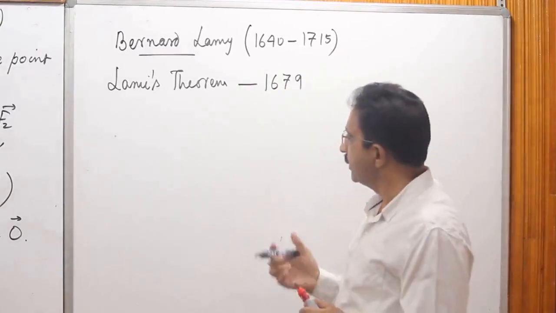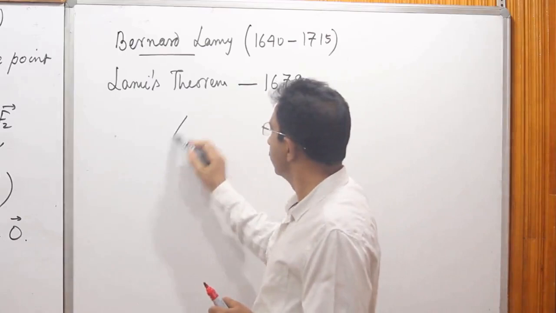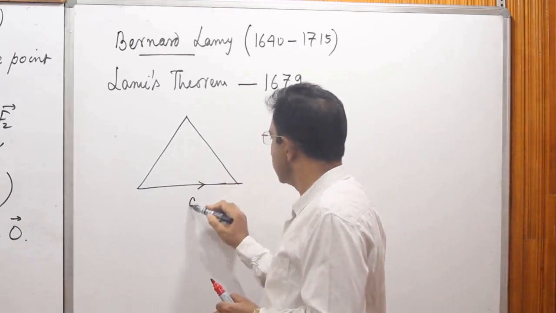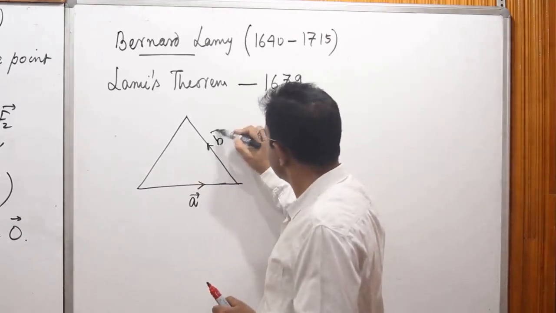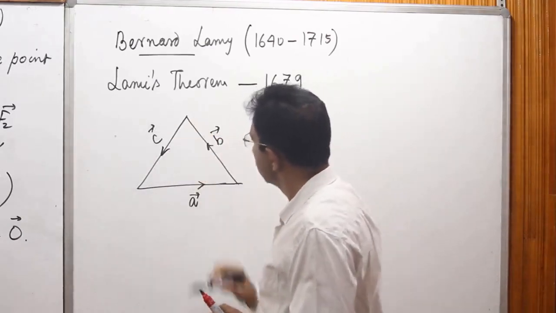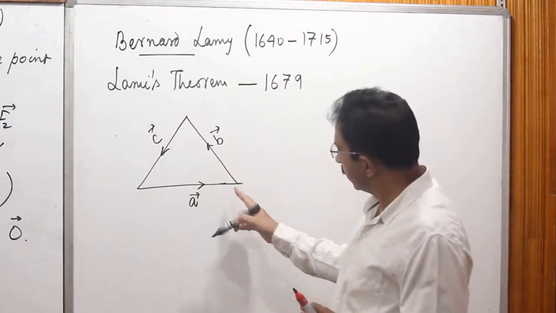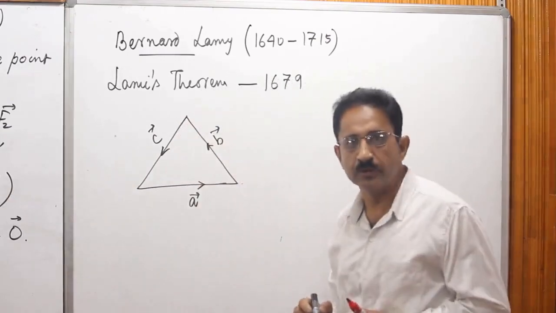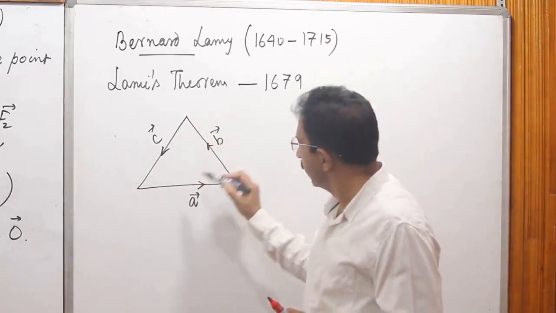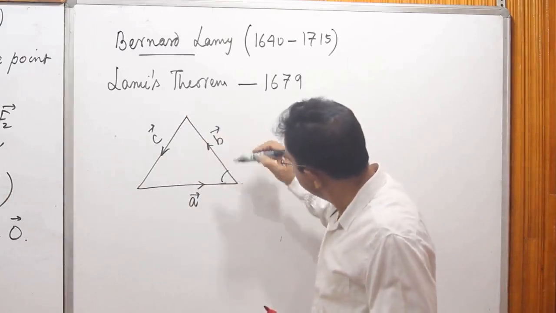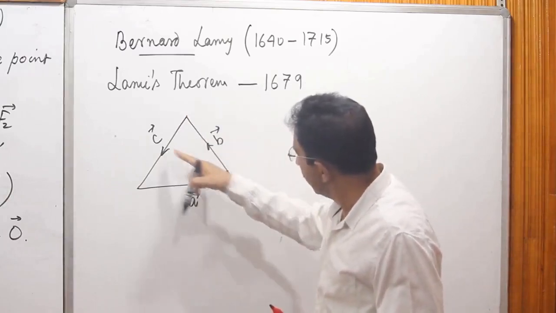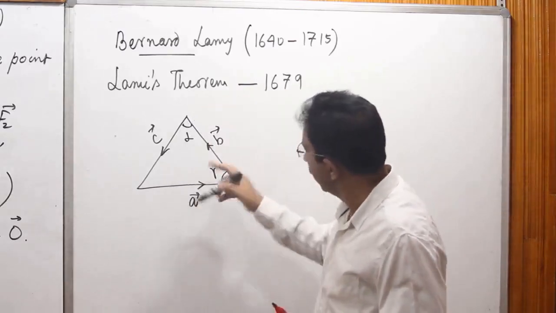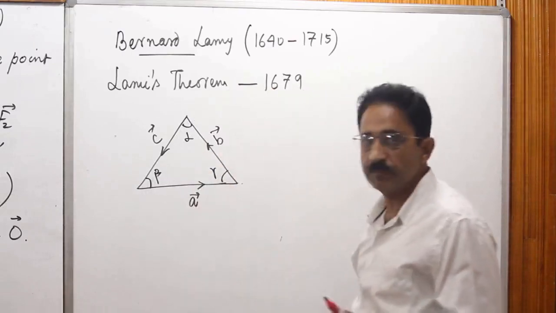We state Lamy's theorem as follows: given three vectors in equilibrium, say A, B and C, you can see that they frame a similar type of triangle as the three forces in equilibrium. Say the angle between A and B, opposite to C, is gamma, the angle opposite to A is alpha, and the angle opposite to vector B is beta.